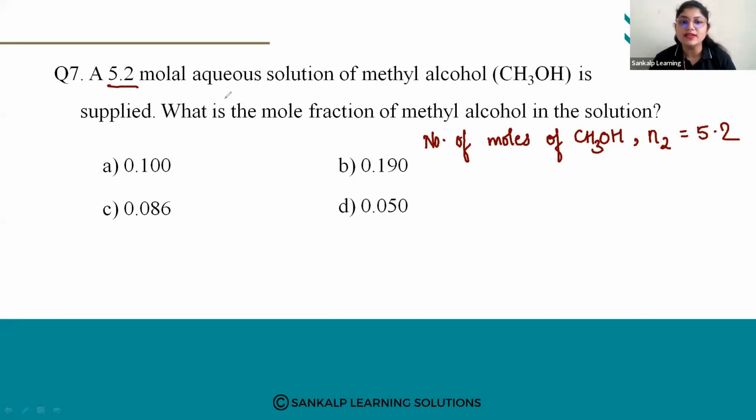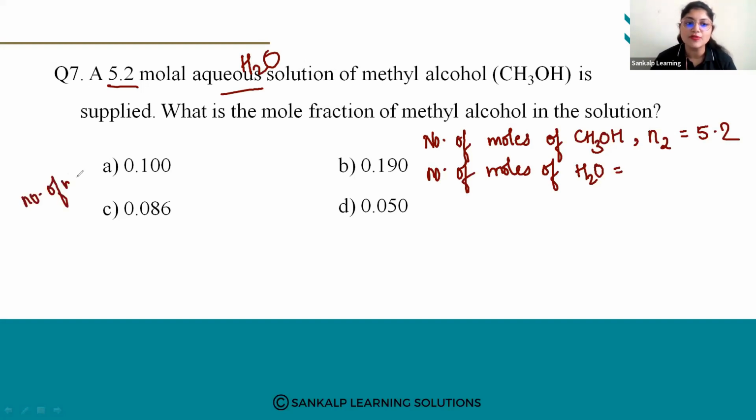Now, aqueous solution. What is the solvent used here? It is water. So methyl alcohol is prepared in water. What is the number of moles of water now? You know how to calculate number of moles. Remember this: number of moles can be calculated as given weight upon molecular weight.